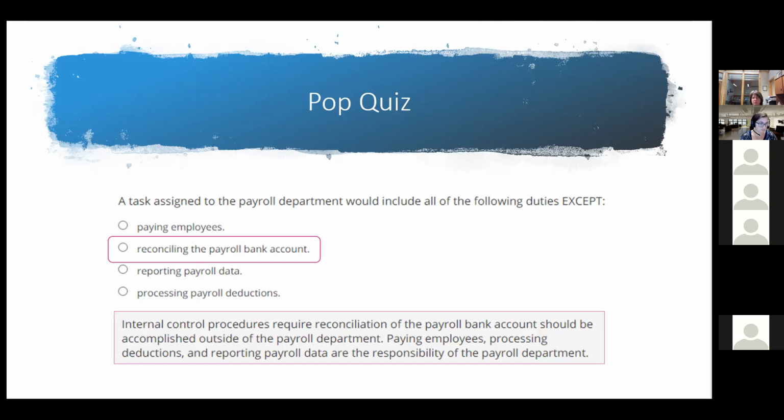We don't want someone who's entering employees into the payroll system, hours, generating a payroll check to reconcile that bank account. Yeah, internal controls are huge. And sometimes it's really hard with a small company and you have to really get the owner involved sometimes to like open the mail.